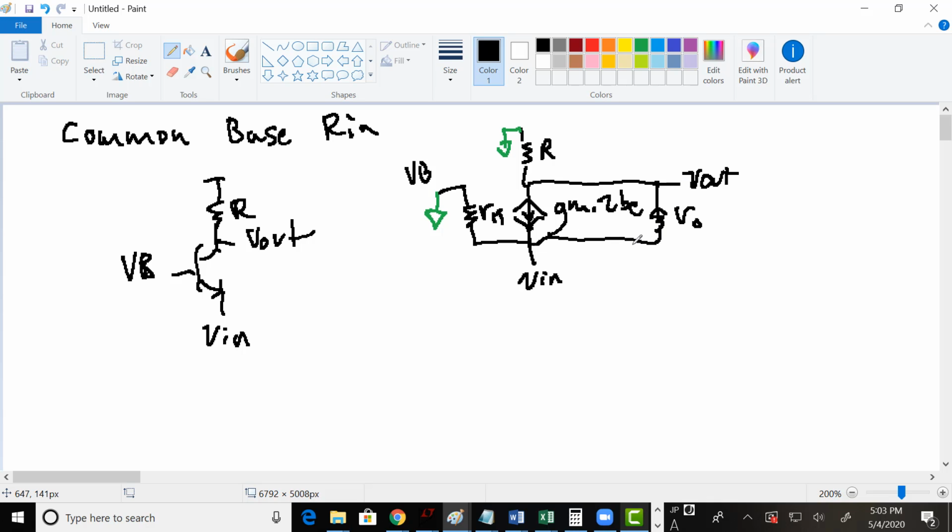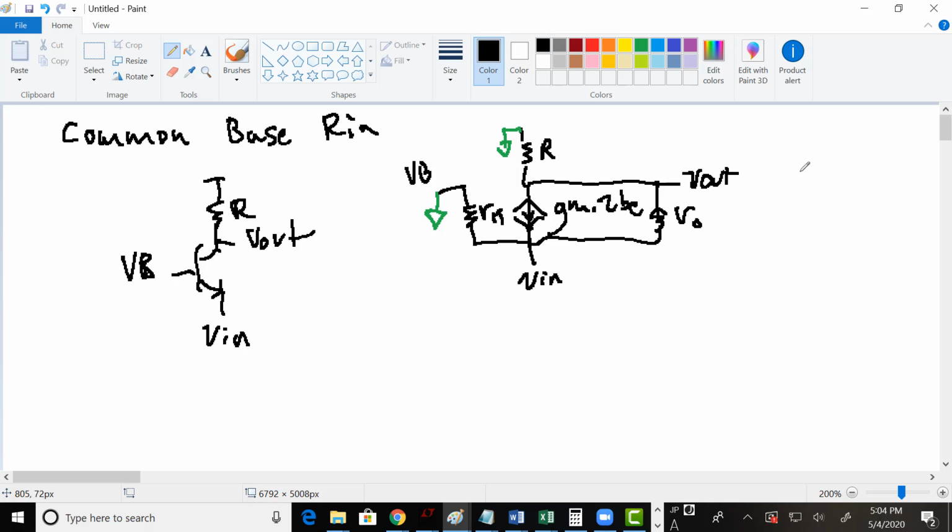RO, at first glance, it might look like it goes to ground, and since we're used to grounding stuff, you might think that RO and R pi are in parallel, or R and RO are in parallel, but remember, RO goes from V out to Vn, so those aren't in parallel, and then R pi goes from ground to Vn. Okay, so there's nothing to simplify here.